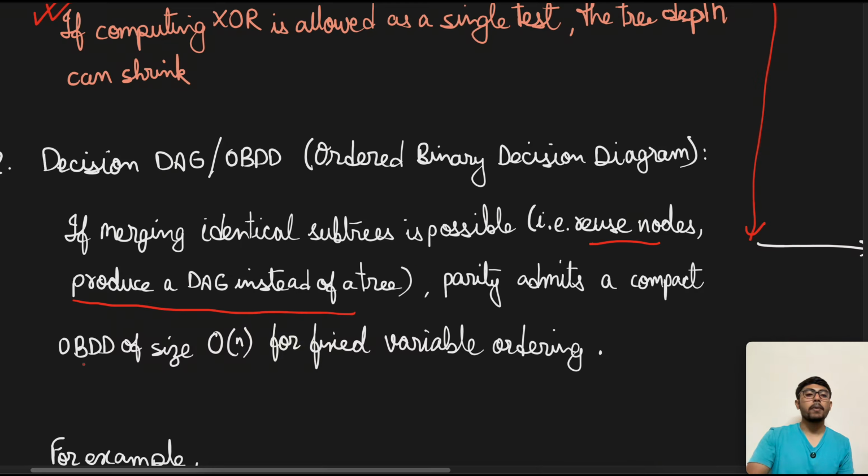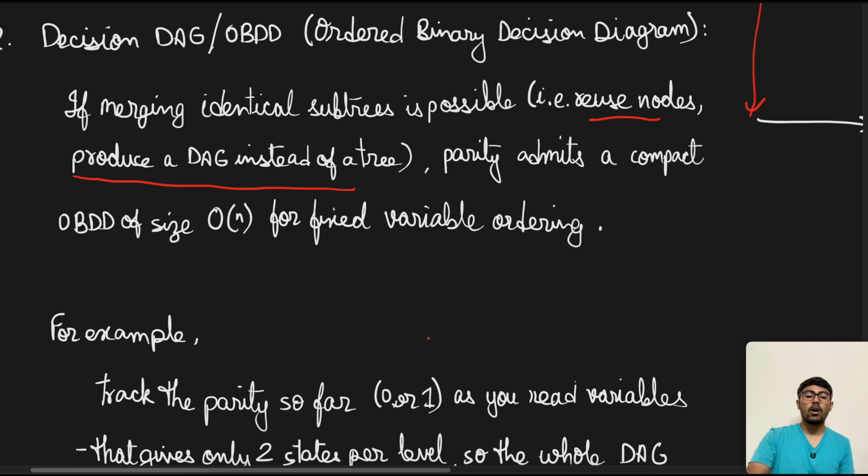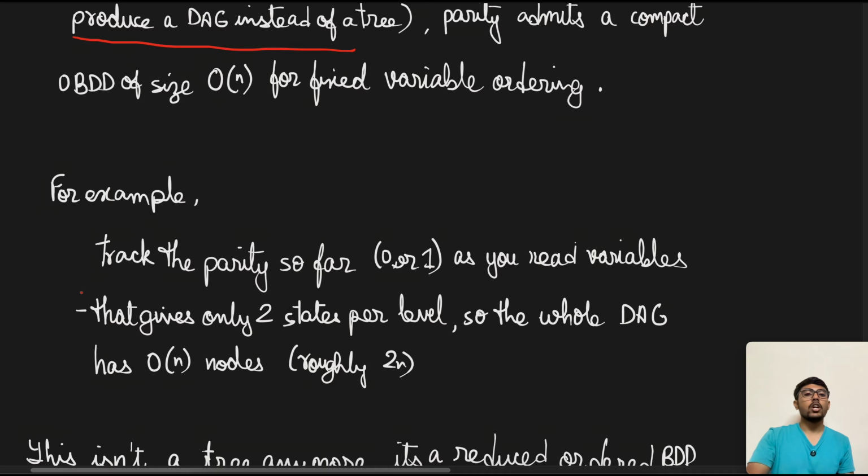Parity admits a compact OBDD of size O of n for a fixed variable ordering, right. We will see how this comes with an example. So, we will track the parity so far, 0 or 1, as you read the variables, that is A, B, C and D, right. That gives you only 2 states per level, right. So, the whole DAG has O of n nodes, roughly 2n.